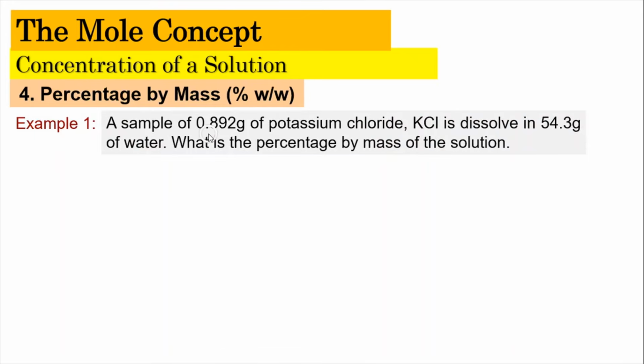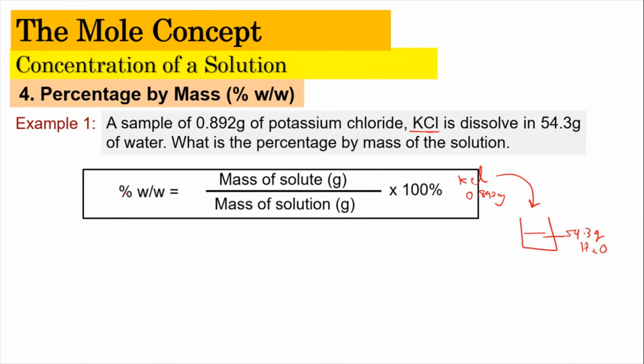A sample of 0.892 gram of potassium chloride, KCl, is dissolved in 54.3 gram of water. So we have our KCl here, 0.892 gram, and now it is dissolved inside 54.3 gram of water. They ask us, what is the percentage by mass of the solution? You know that percentage W over W is equal to the mass of solute, which is 0.892, divided by the mass of solution.